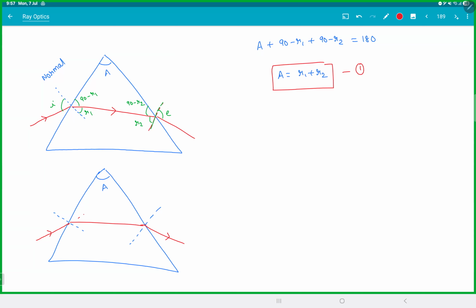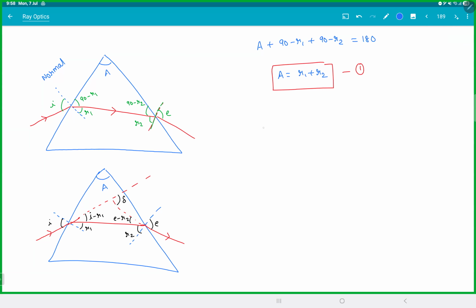If you extend this light ray, it was supposed to go this way, but it has gone this way. So this would be your deviation angle delta. If this is I and this is R1, this will be I minus R1. This is E, and if this is R2, this will be E minus R2.